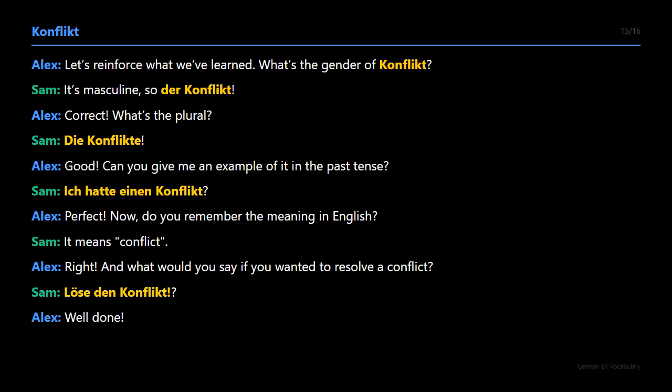Can you give me an example of it in the past tense? Ich hatte einen Konflikt. Perfect. Now, do you remember the meaning in English? It means conflict. Right. And what would you say if you wanted to resolve a conflict? Löse den Konflikt.